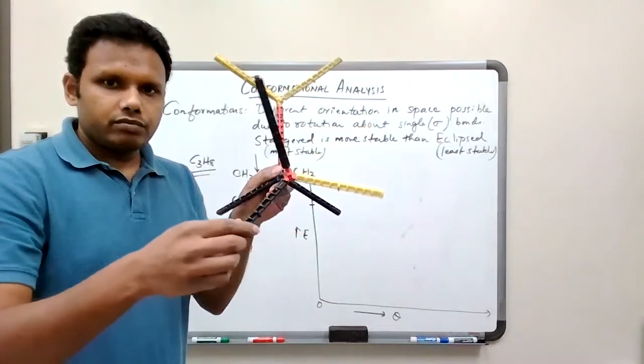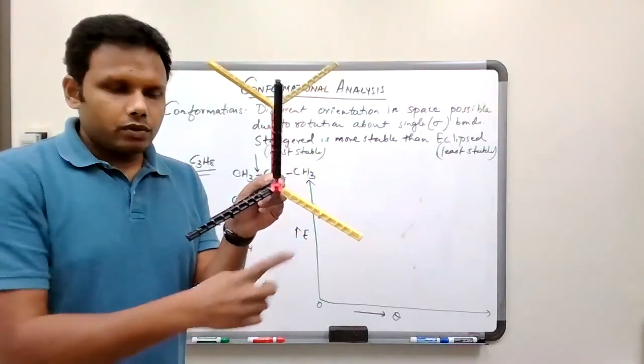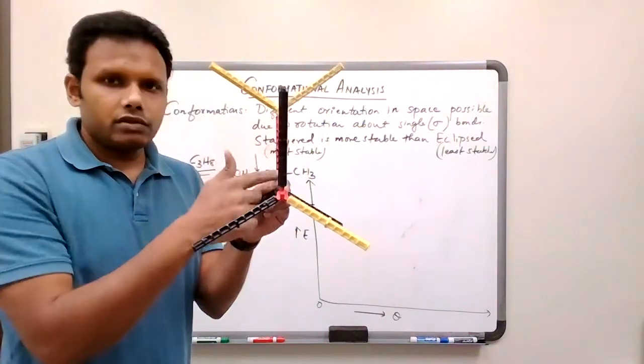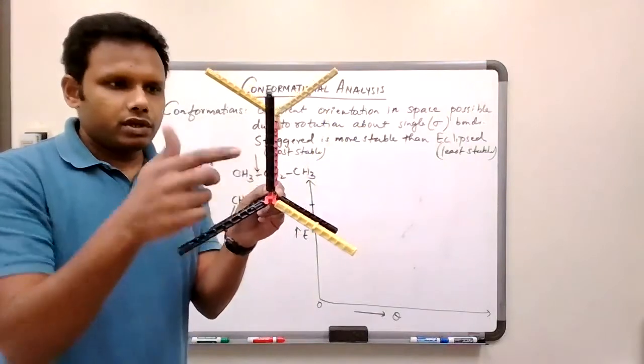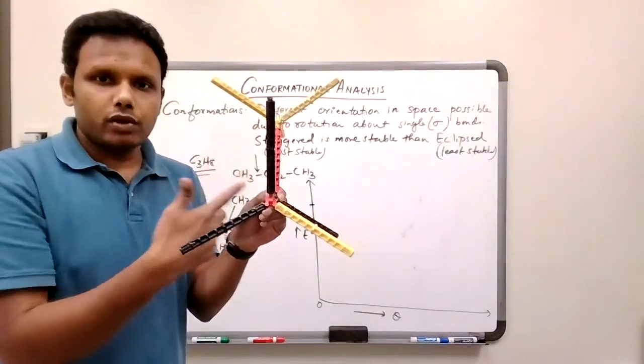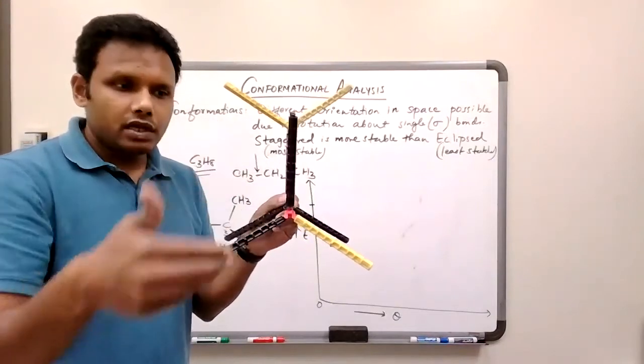And as we rotate more, we go to another eclipsed. Notice how earlier the yellow carbon-hydrogen bond was eclipsed with the red carbon-carbon bond, but now there's another carbon-hydrogen bond that's eclipsed with the carbon-carbon bond.